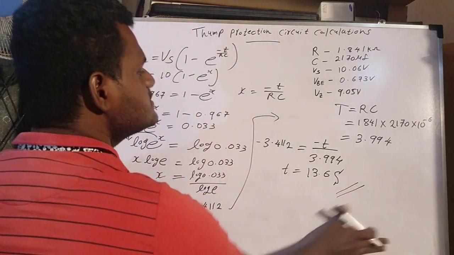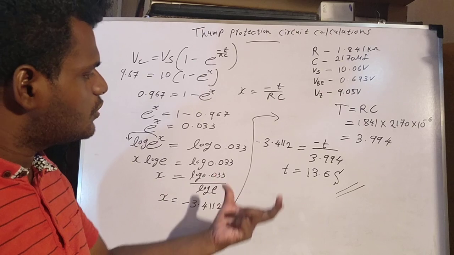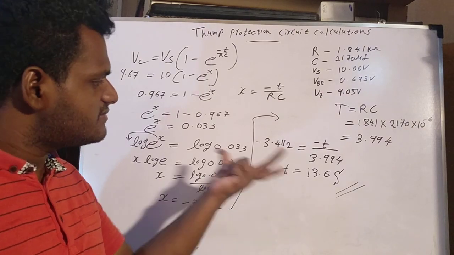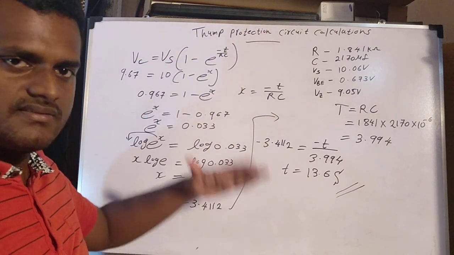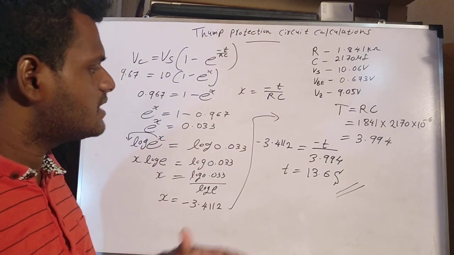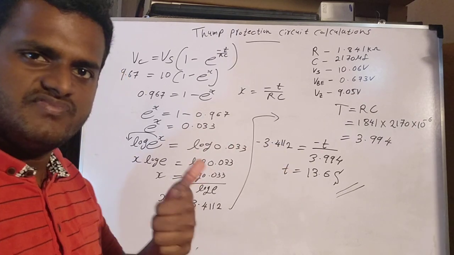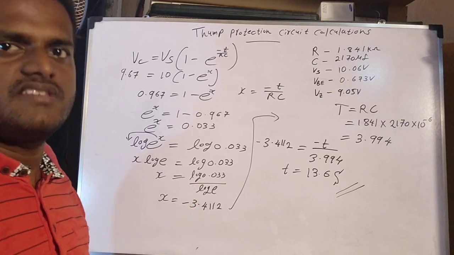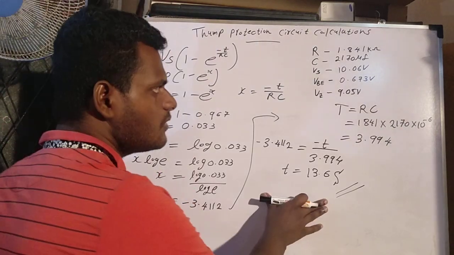So this is the delay time of this circuit. In practice we test this value with this resistor and capacitor, and if the practical time equals this time, we can say the circuit works perfectly. So now the time is okay.